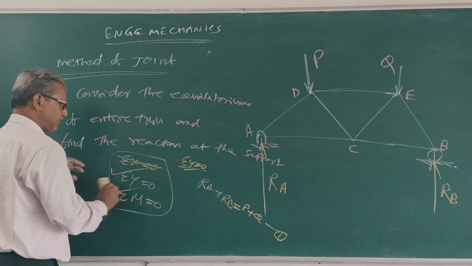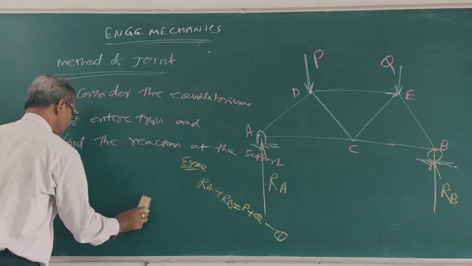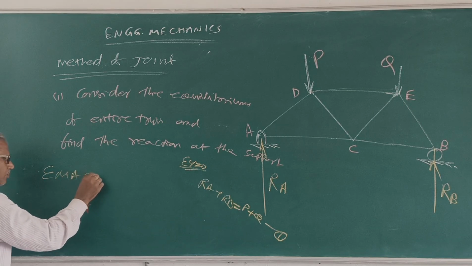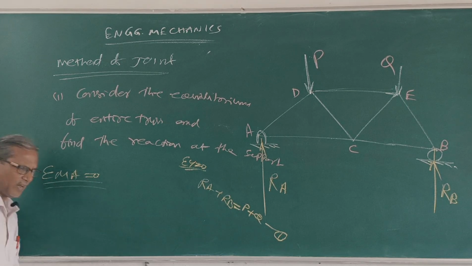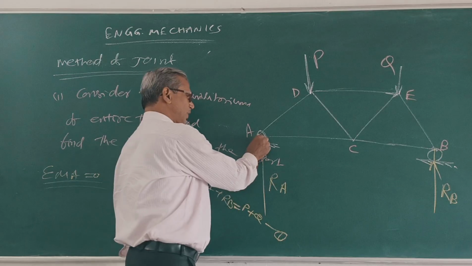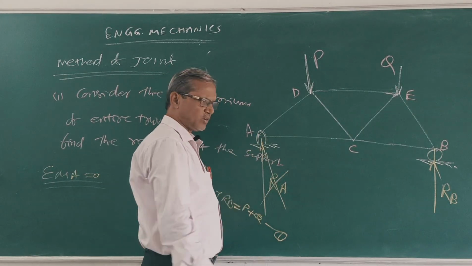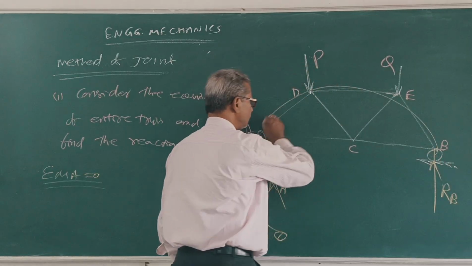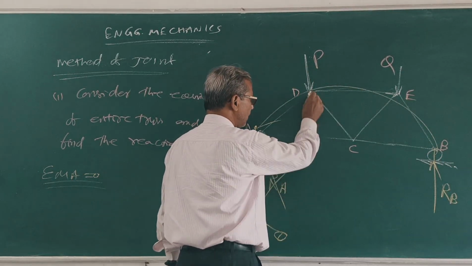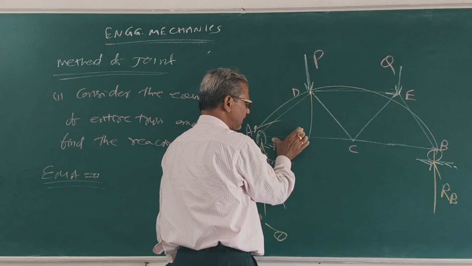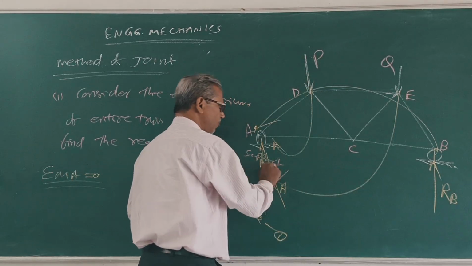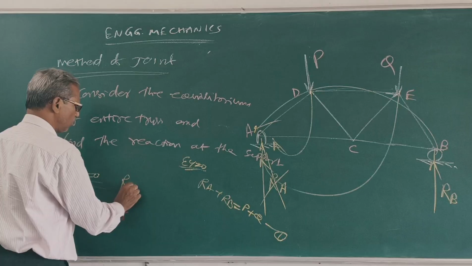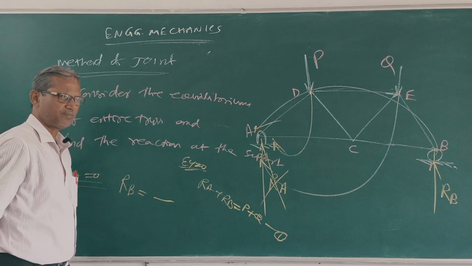Next, sigma M is 0. About A, the force passes through it, so its moment is 0. What is RB into AB? What is P into the distance? What is Q into the distance? So we will find out RB.